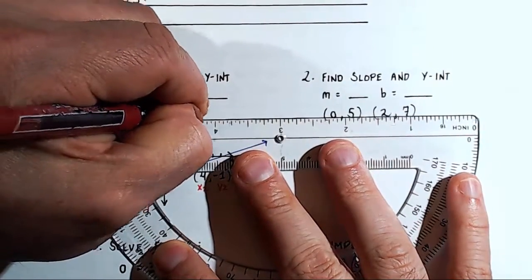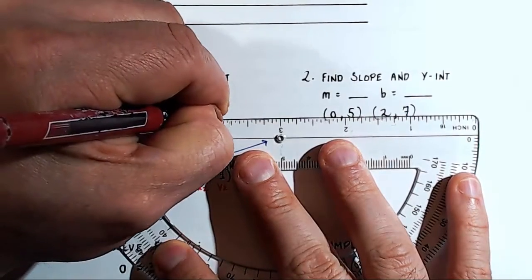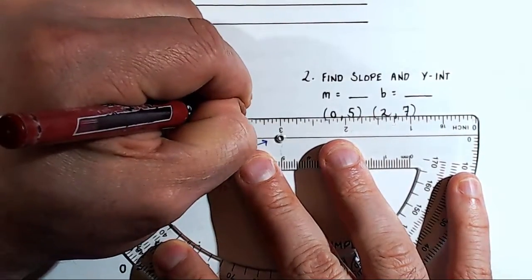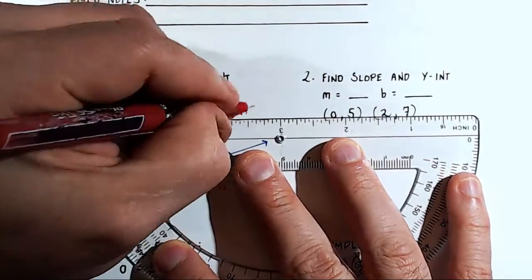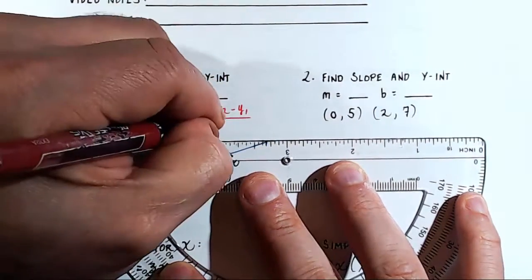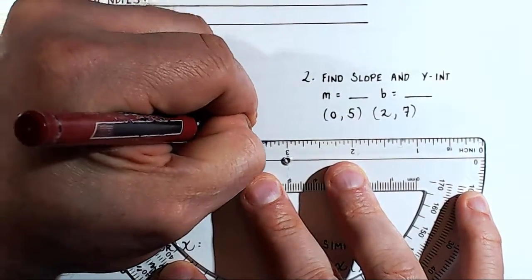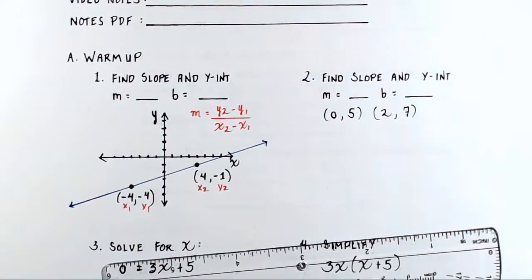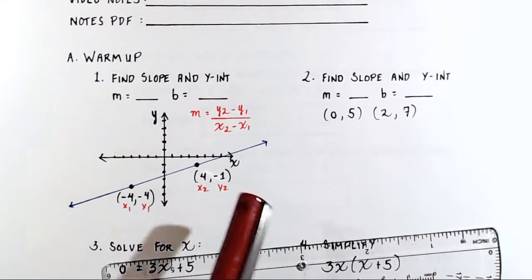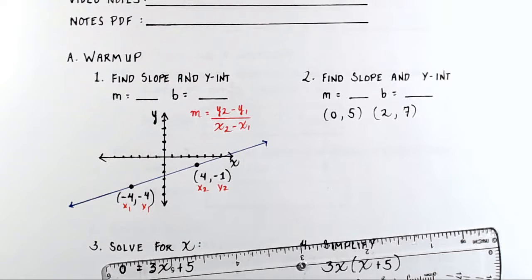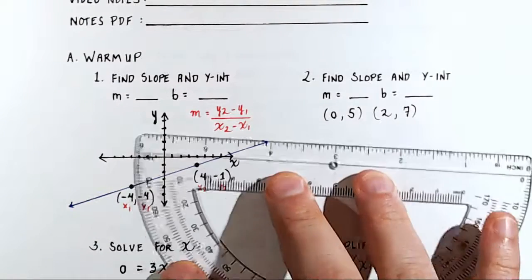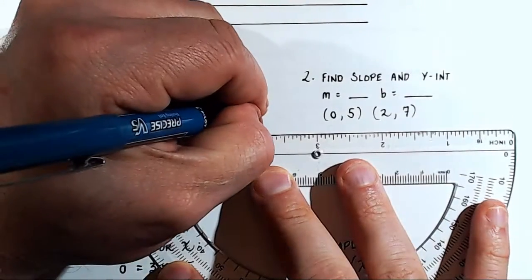Slope m is equal to y2 minus y1 over x2 minus x1. So now that we know the slope formula, we can actually plug these points in and solve it out.